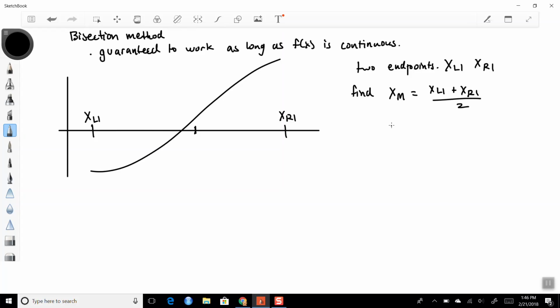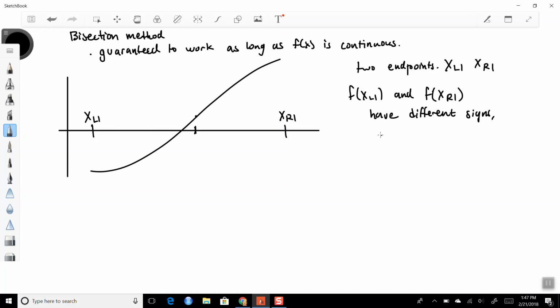Okay. And, oh, I'm sorry, I need to back up. So the 2 endpoints xL1 and xR1, the one thing is that if f of xL1 and f of xR1 have different signs, so if one is positive and one is negative, you know a root exists between them.